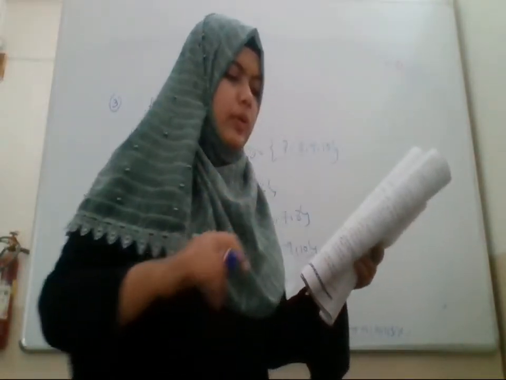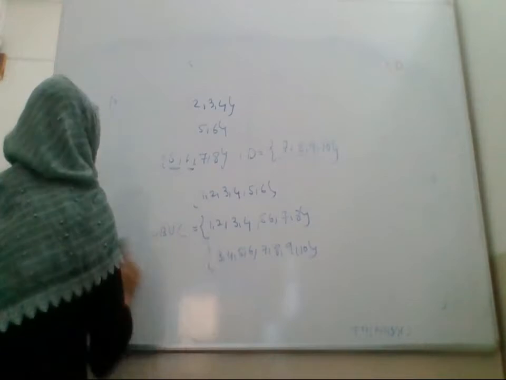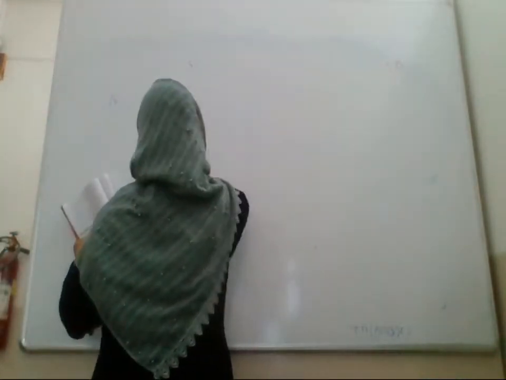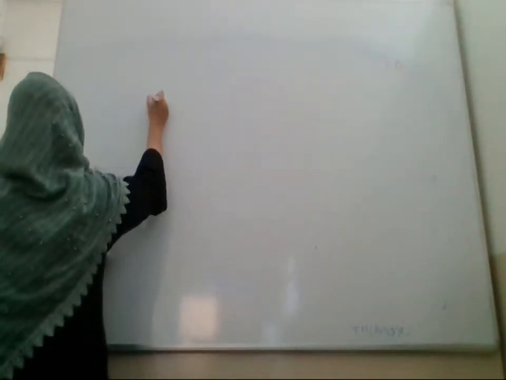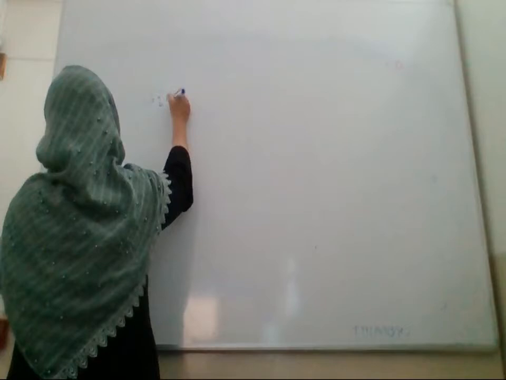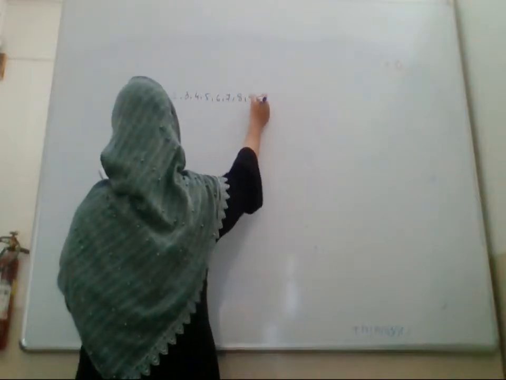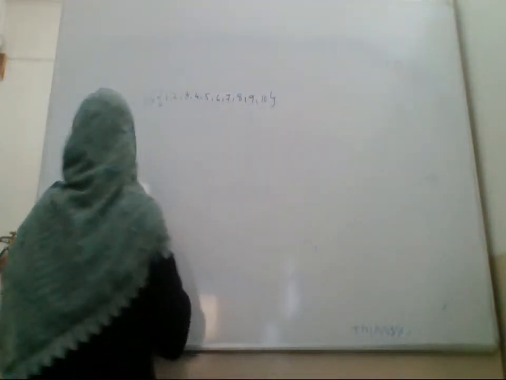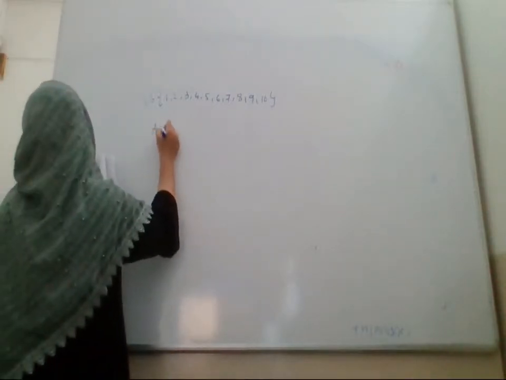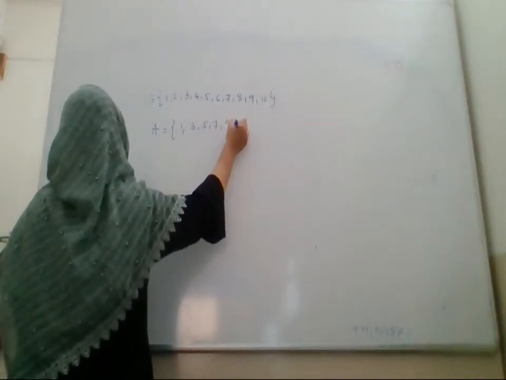Next problem is problem number 4, same page, page number 94, problem number 4. The question is, the universal set is given as 1, 2, 3, 4, 5, 6, 7, 8, 9, 10, where set A is equal to 1, 3, 5, 7 and 9.